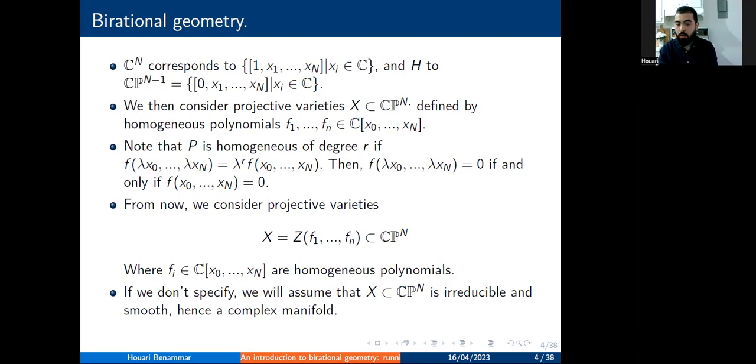So from now we consider only projective varieties. That means the zero set of polynomial equations in CPn. And if we don't specify, we will assume that X is irreducible and smooth. So this is a complex manifold. Irreducible means that we cannot write these varieties as a union of two disjoint closed subsets.